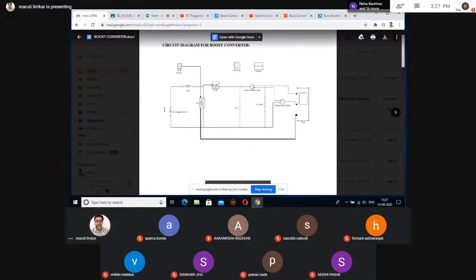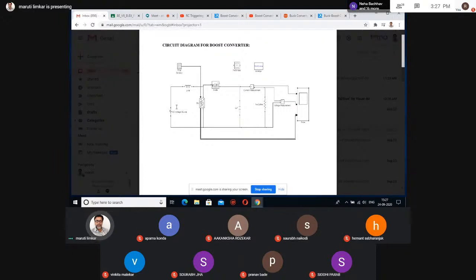From that library, sources are there. In sources, all dependent, independent sources, voltage sources, current sources are there. So you have to select the DC source. We will require the DC source. So you have to select that from the library as a DC source and keep it here. This is a DC source.